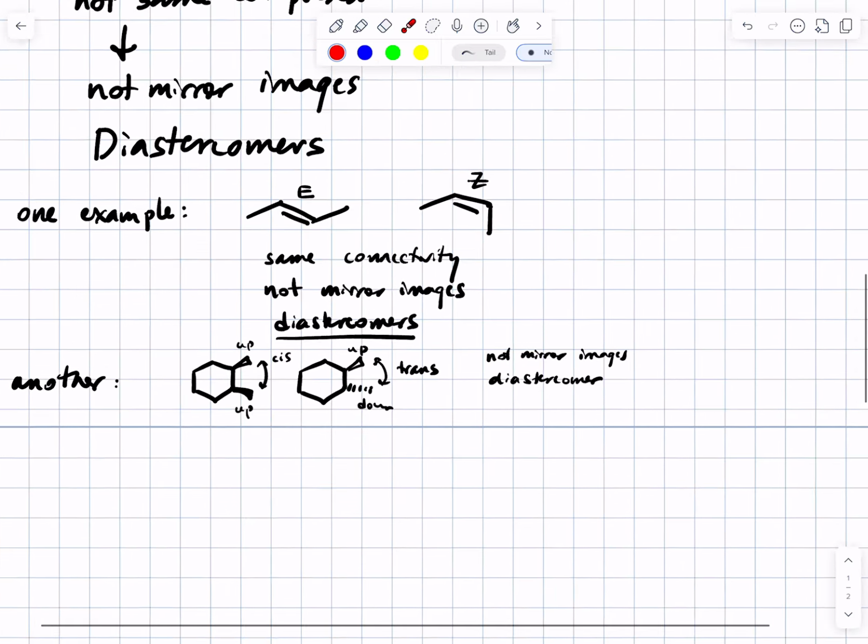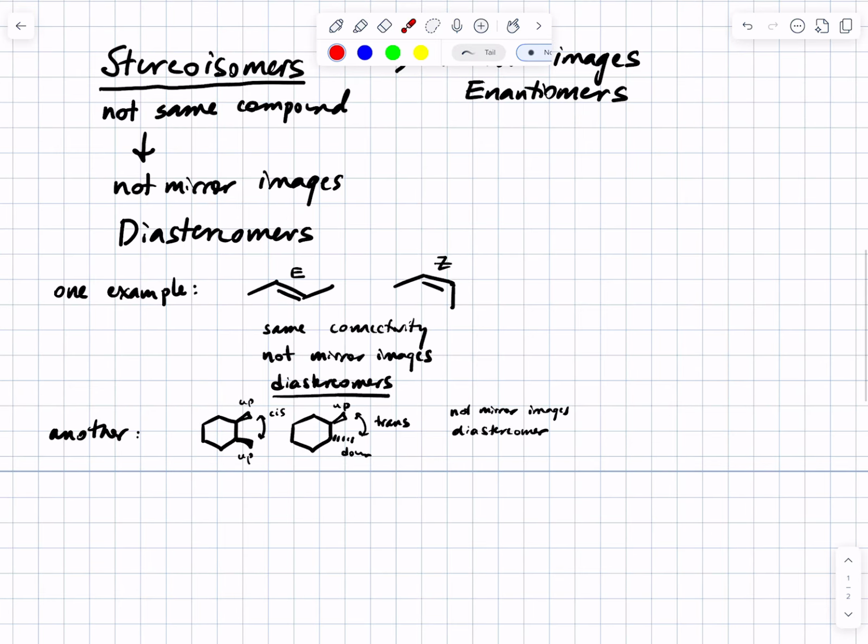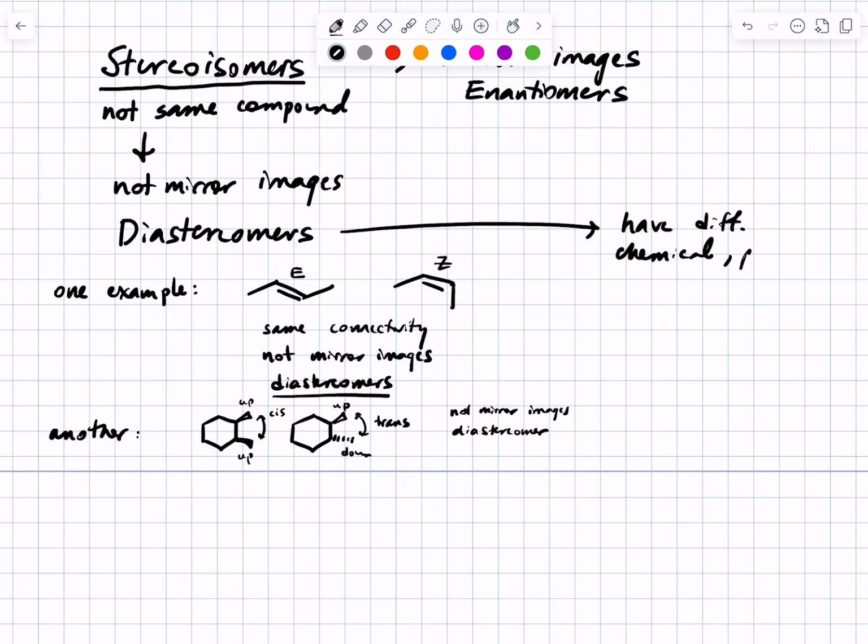Okay. Why do we care? One of the huge reasons that we care is that diastereomers always have different chemical and physical properties. They can be isolated from each other. They do different things.